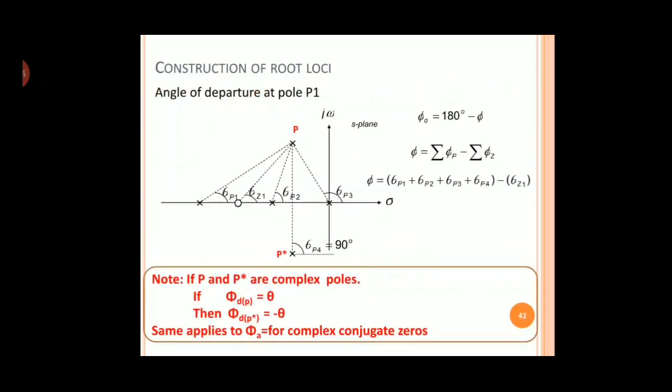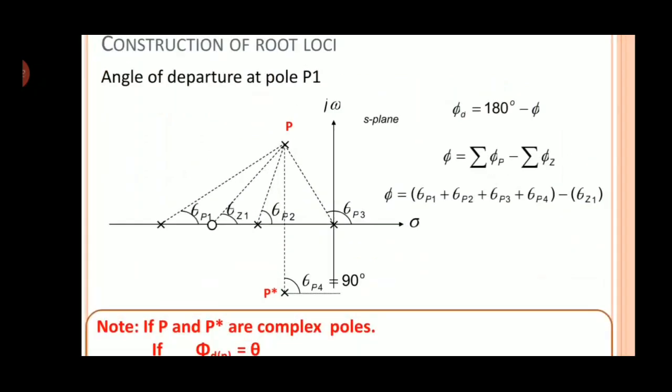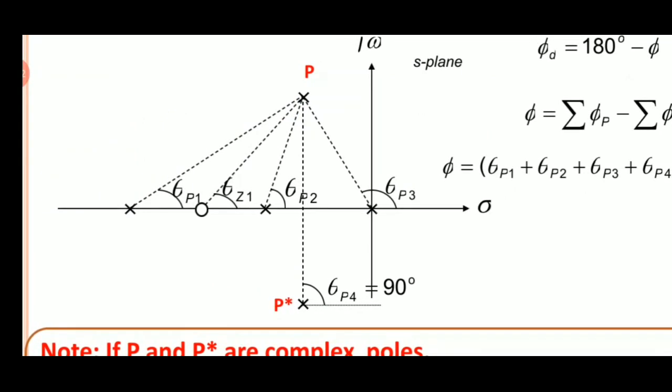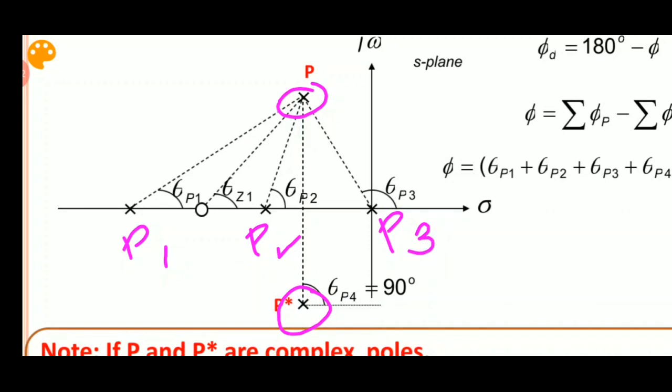Let's take an example. Suppose I have a number of poles and zeros here, they are marked, and I want to calculate. So clearly you can see where the complex poles are. This pole and this pole are complex. For the rest, I name them P1, P2, and P3, and this is my pole of interest where I want to calculate the angle of departure.